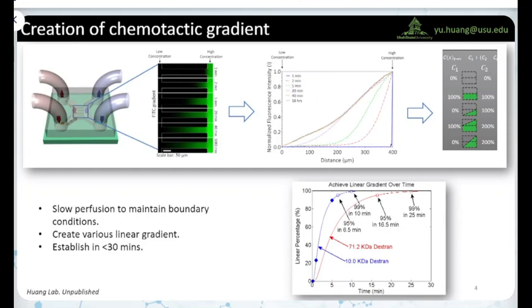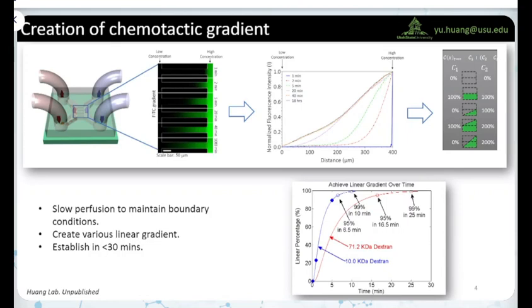And what that means is, if we can control the boundary condition at one concentration at one end, and another concentration at the other end, you can form pretty much any kind of linear gradient. Okay, here's what we're showing. Different gradients can form. For example, if you start with 0, 0, and 100, 100, that becomes a no gradient situation, but with a different concentration of chemicals, right?